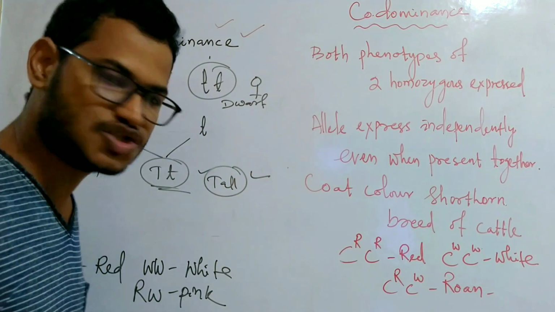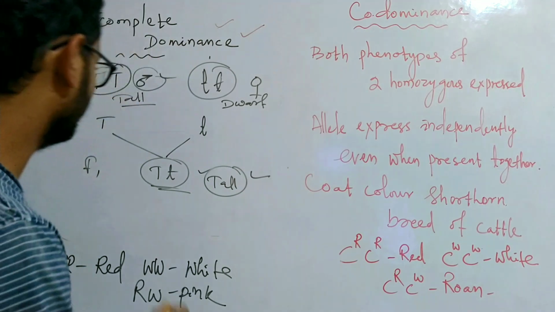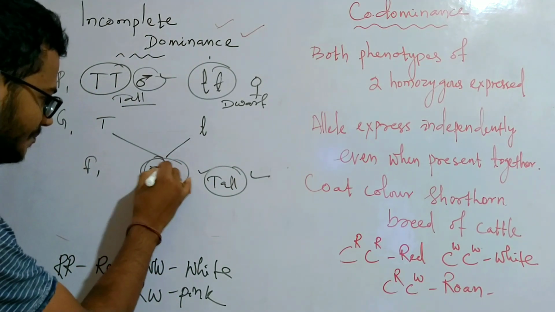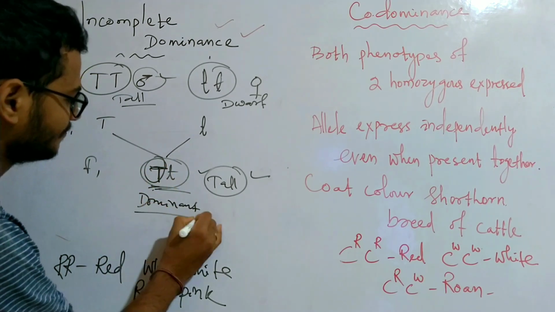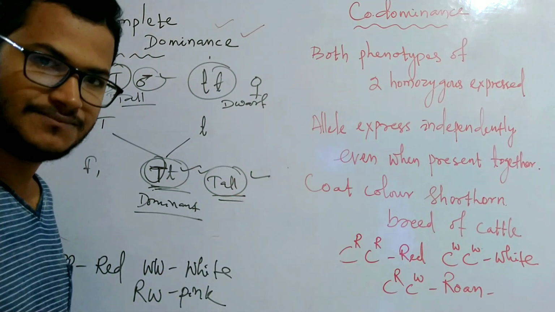Phenotypically the plant is tall like the male parent. So here complete dominance is seen. Capital T is dominant and small t is recessive, making the plant tall.